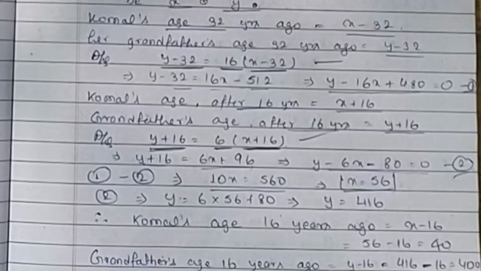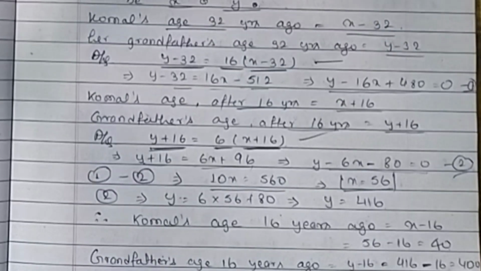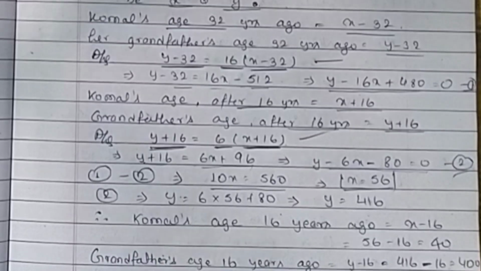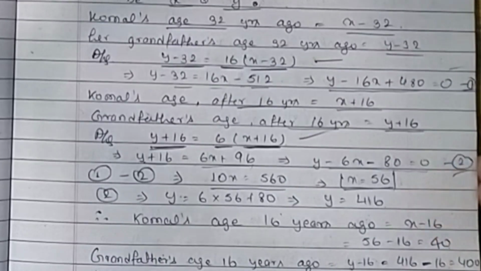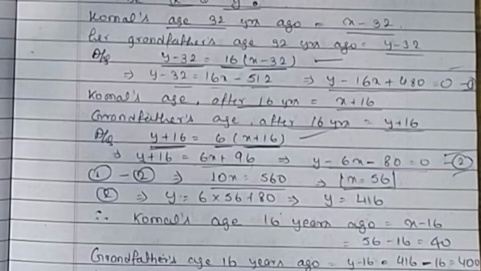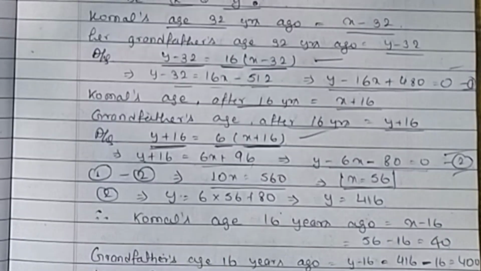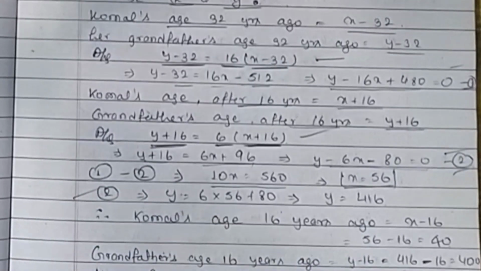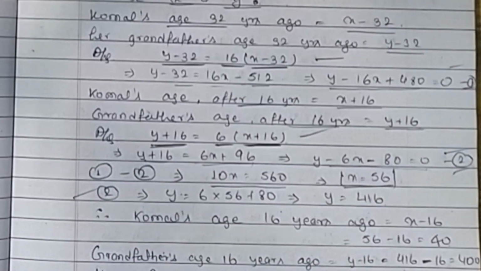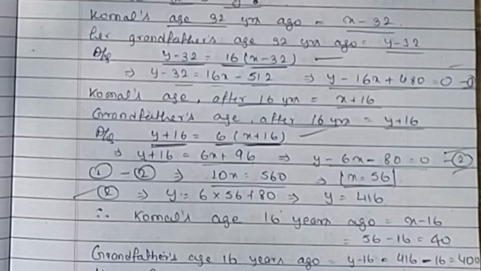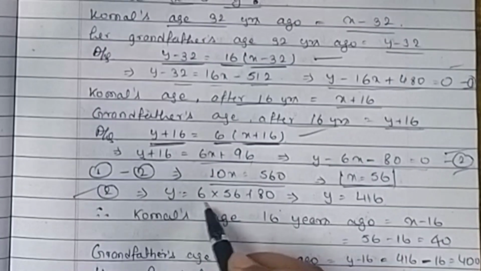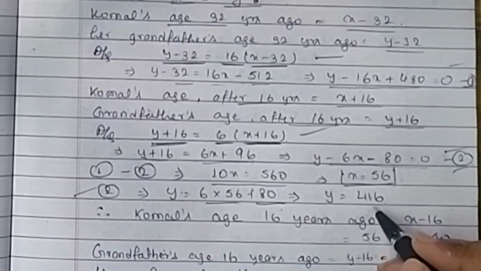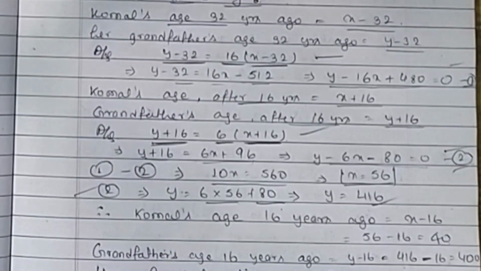Now, as we have got the value of x, we can easily find the value of y also. If we put the value of x in any of these two equations, we can easily find the value of y. For now, we have put the value of x in equation number 2. After putting the value of x in equation number 2, y becomes 6 times 56 plus 80, and hence y is equal to 416.